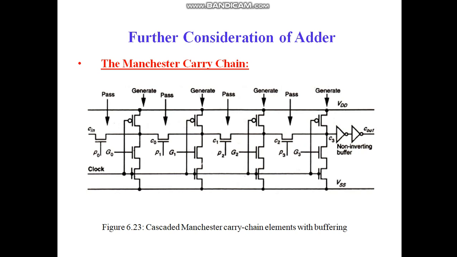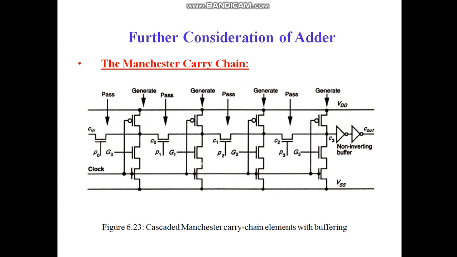So let us recall the concept that is being discussed now. Here we are implementing sum and carry, that is a full adder, by using the concept of carry propagation and carry generation. So the carry is propagated when P is equal to 1.